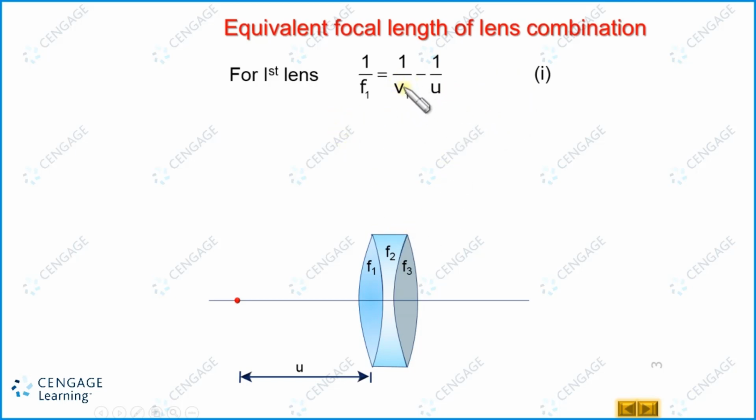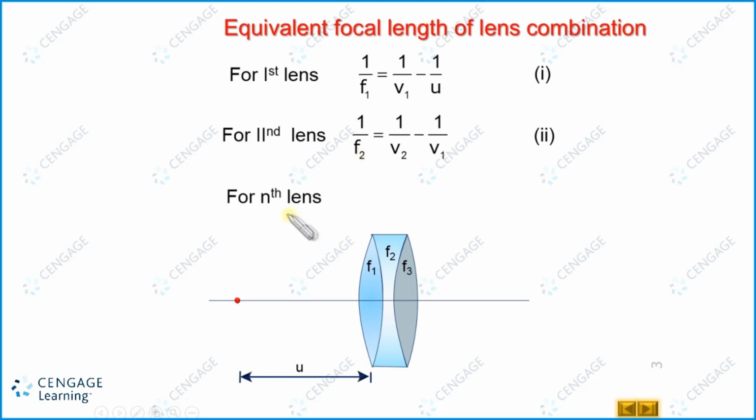Now this v1 will act as an object for the second lens. Again we use the lens formula: for the second lens, 1 upon f2 equal to 1 upon v2 minus 1 upon v1, where v2 is the image distance from the second lens and the object distance is v1. Say this is equation number 2. And this can be done for the n lenses one by one.